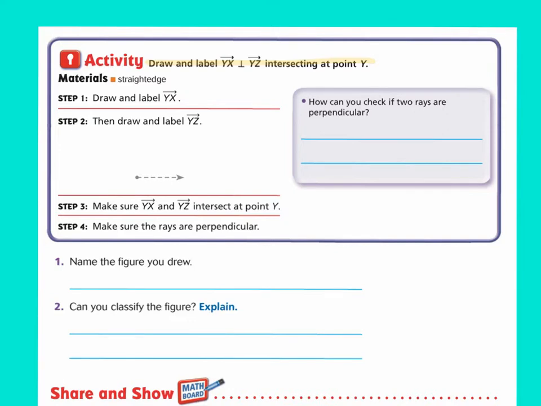So if I know they're intersecting at point Y, I know that's going to need to be right here.